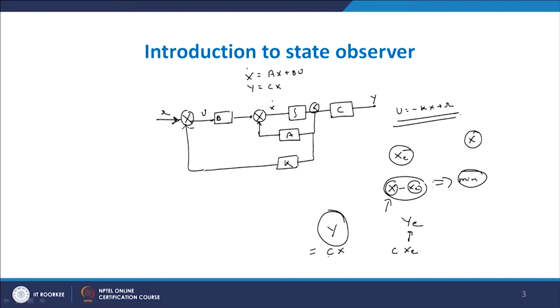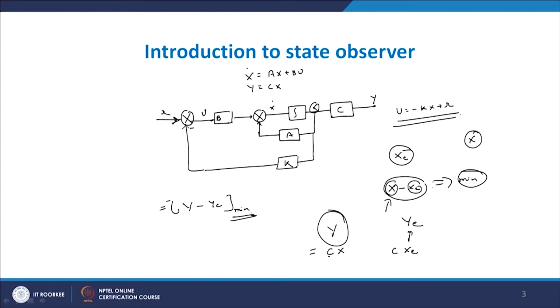That means C is common, y is with respect to x, and y_e is with respect to x_e. So it is better to compare output y with y_e. If the error between the actual output and the estimated output is minimum, it means that the state we have estimated is proper, and we can properly design the controller. The difference between y and y_e must be minimum.